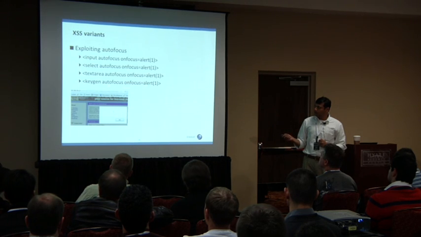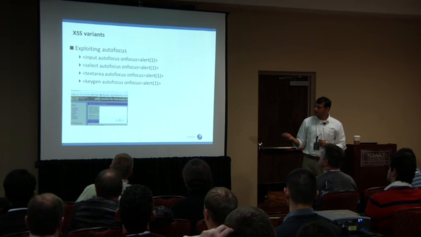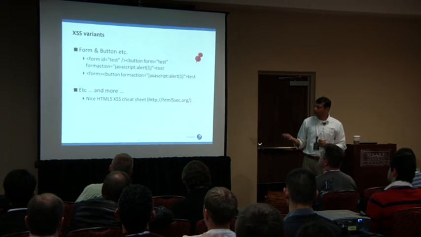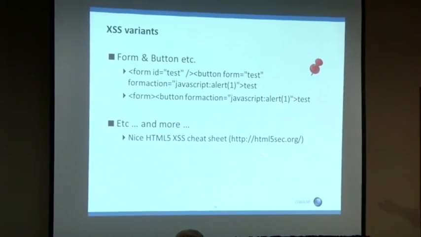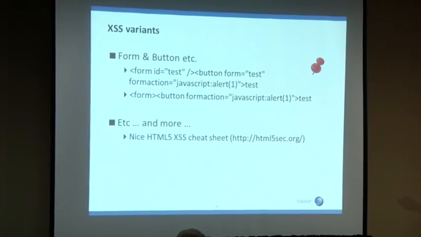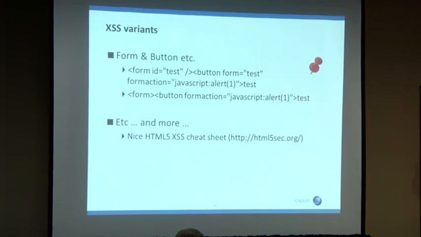Over here, we are using alert with autofocus, keygen, textarea, select, input, and over here we have a form ID where we are doing it. There is a very nice cheat sheet out there called HTML5sec.org, which has a compilation of all these different tags and values which can be added to your blacklist. So that is possible.